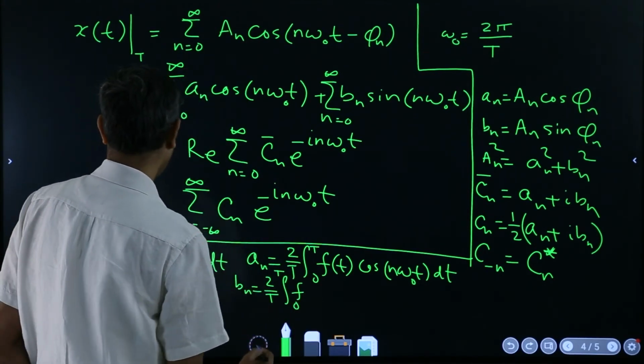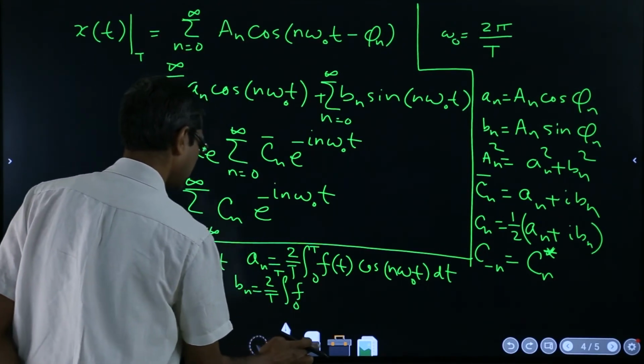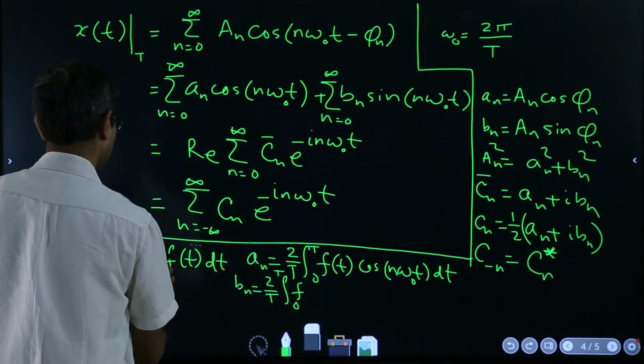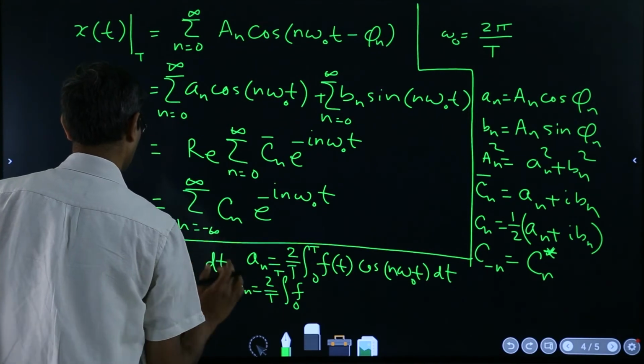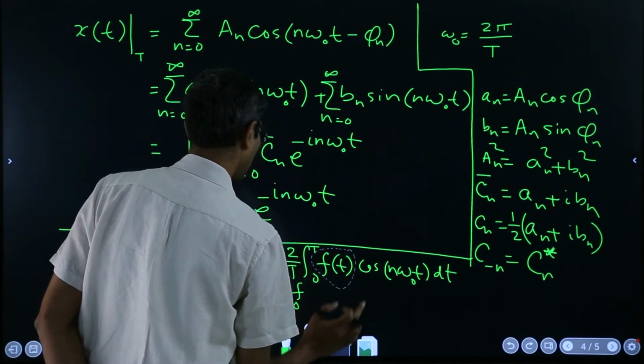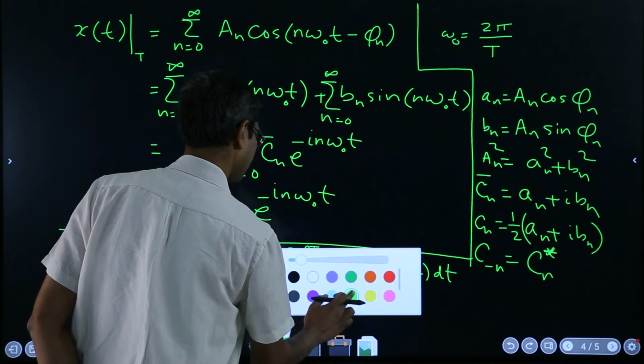f(t). Why am I writing f(t)? I should be writing x(t), isn't it? To be consistent, I'll change it to x(t).